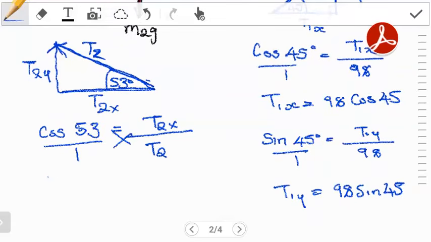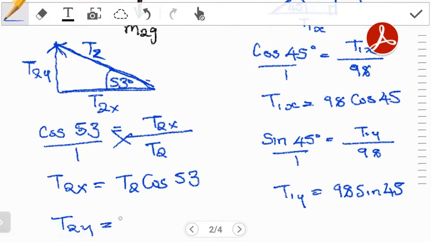So we get T2 in X is equal to T2 cos 53. And then if we wanted to get T2 in Y, you can use the same idea, and I hope you guys are able to show that T2 in Y is equal to T2 sine 53.